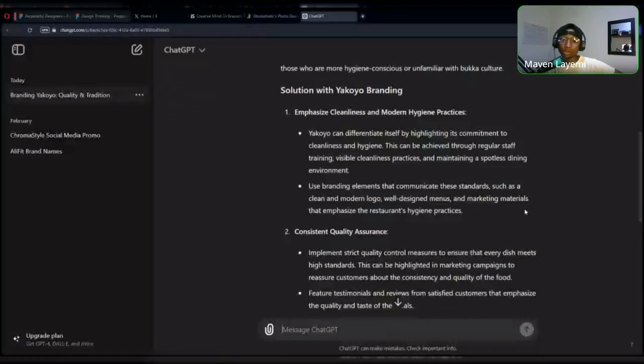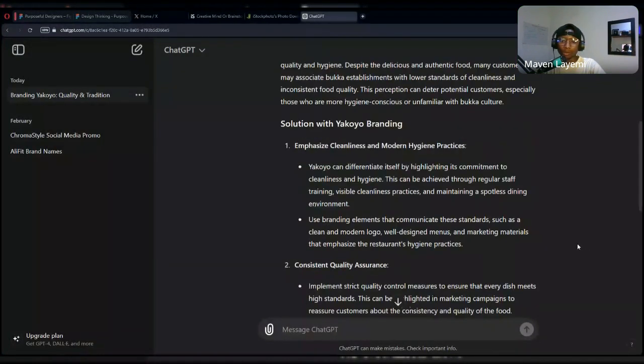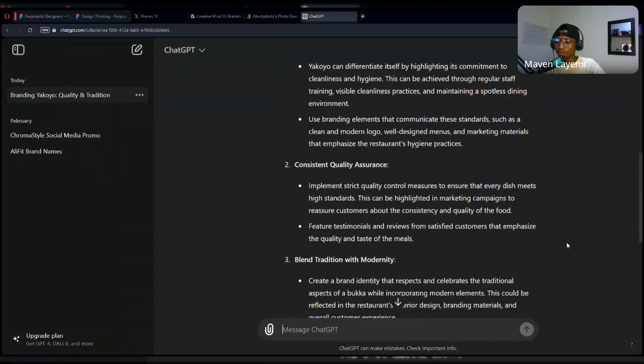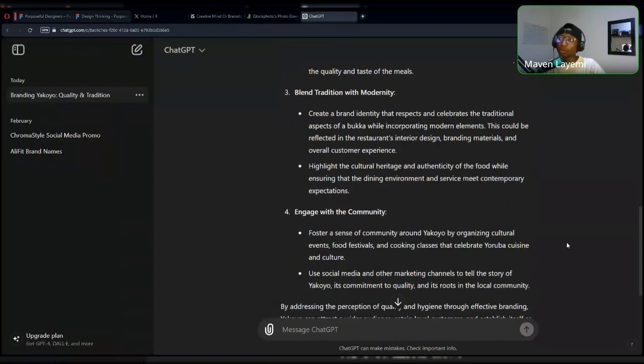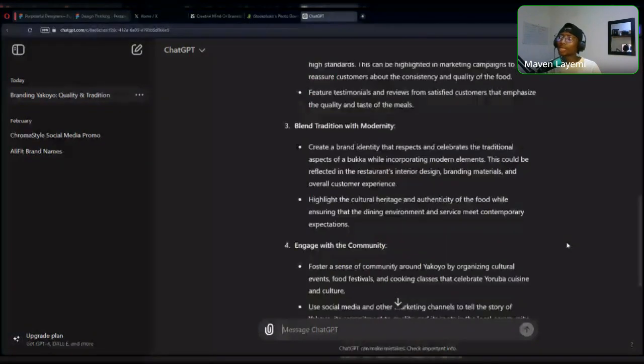We should use branding to communicate standards of cleanliness, with a clean and modern logo, a well-designed menu, and marketing materials, by highlighting its commitment to hygiene. Yeah, the hygiene problem has been mentioned here: cleanliness and hygiene.